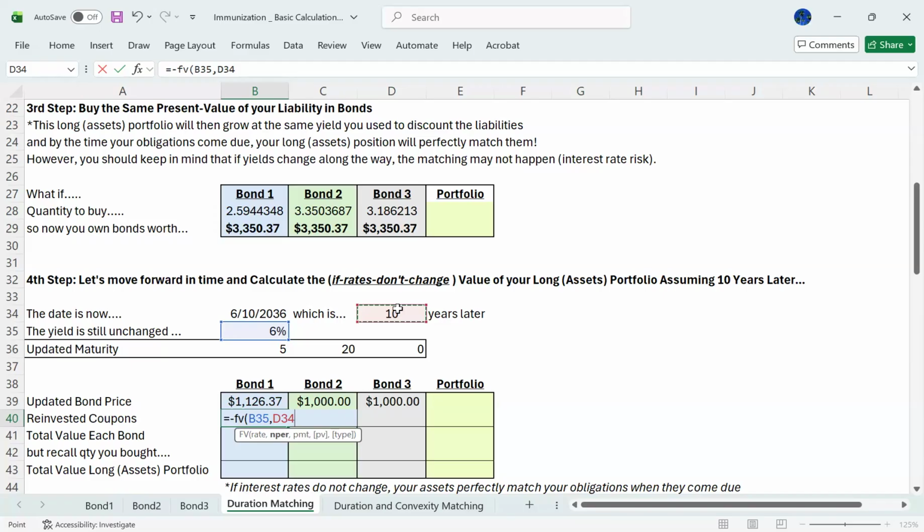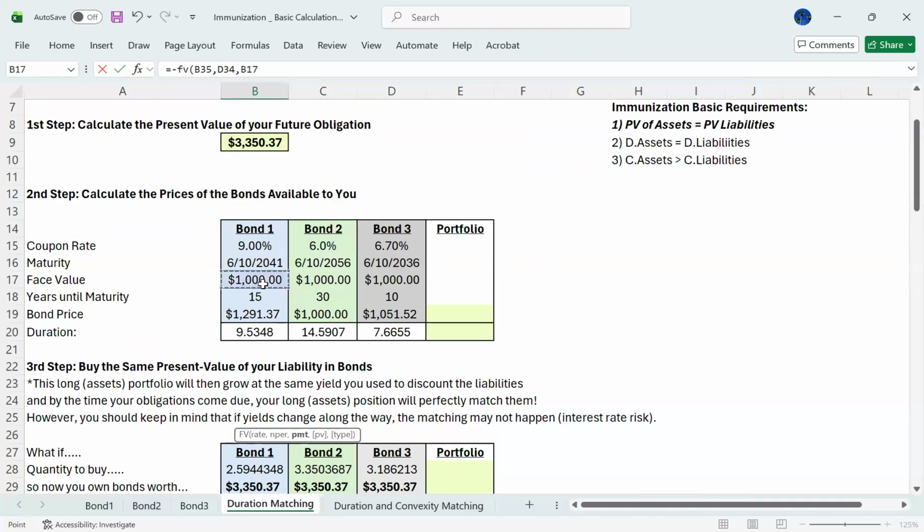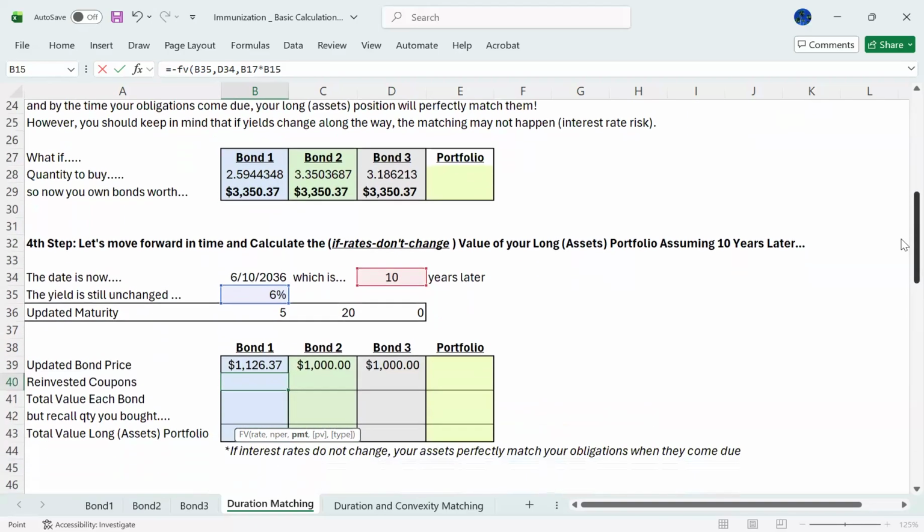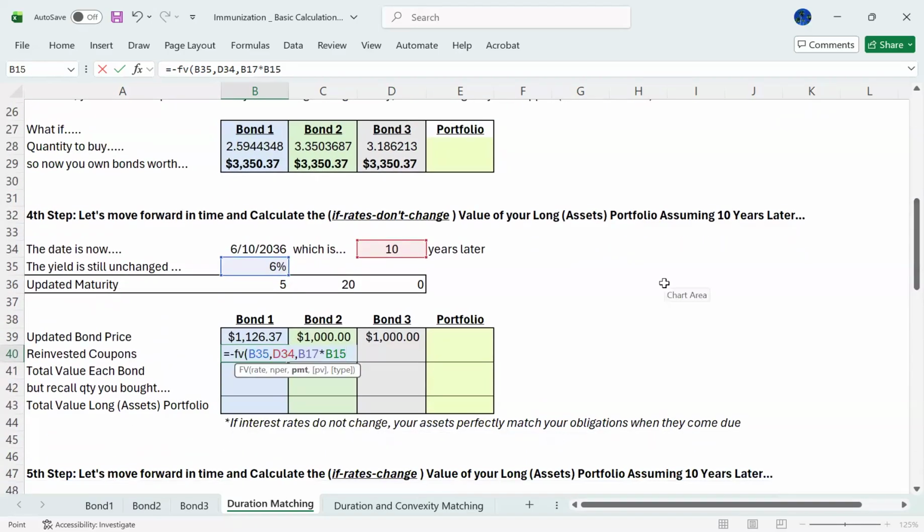There are 10 payments of, and now let's specify the amount. And then those payments, because I'm getting the future value, are going to generate some return that is going to be 6%. Okay. Now, what is that payment? For bond one, the payment is 1,000 times 9%. So 10 yearly payments of $90.